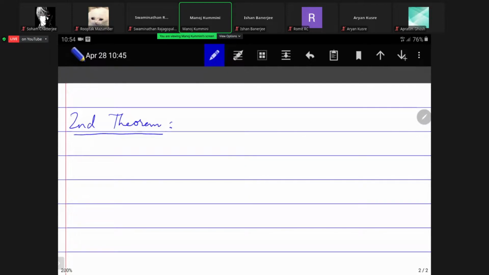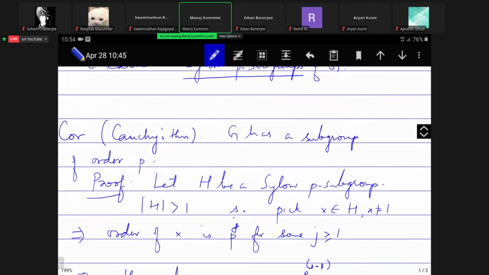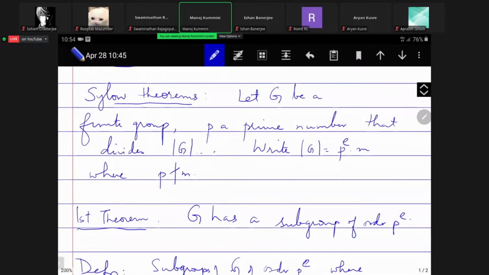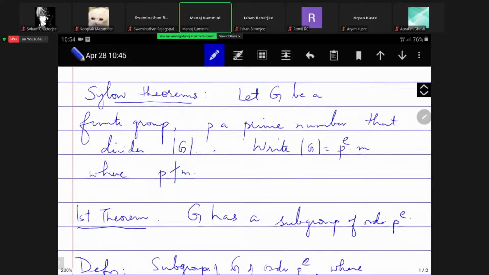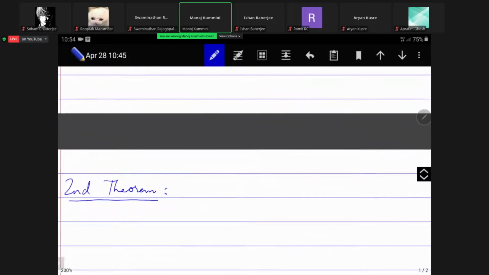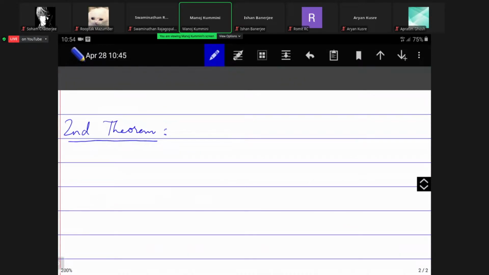So, the second theorem. Again, same hypothesis. G is a finite group of order n, and P is a prime number that divides it, and P to the E is such that P to the E divides the order of the group, and P to the E plus 1 doesn't divide.